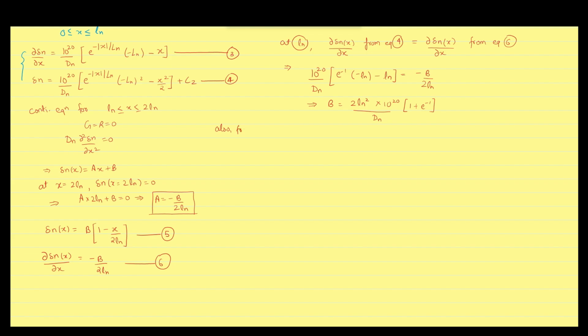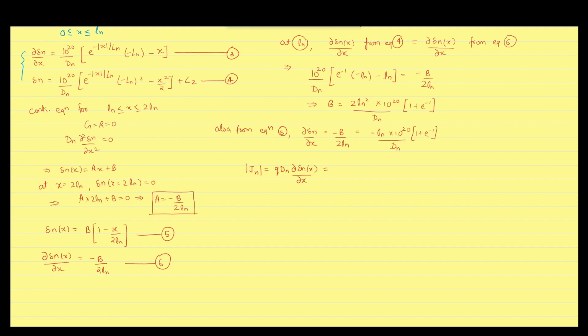Also, from equation 6, we have... Now the magnitude of diffusion current density due to free electrons can be found out to be equal to charge multiplied by diffusion constant of free electron multiplied by gradient of free electron concentration. We just found the value of gradient.